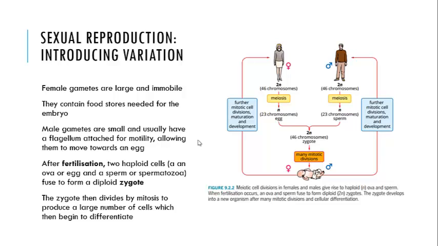Once it's at that zygote stage, then it's dividing via mitosis to produce a large number of cells which begin to differentiate, which we've talked about in our potency and our gastrulation and things like that. So when we're talking about meiosis, meiosis is only to create the gametes. Everything thereafter is mitotic.